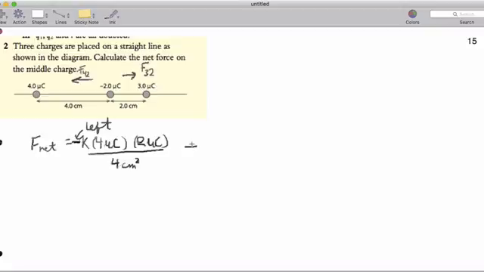And then here I'm going to add to it K, 3 microcoulombs, 2 microcoulombs over, sorry, over 2 centimeters squared. And I'm going to make this a plus sign to indicate that the force goes to the right.